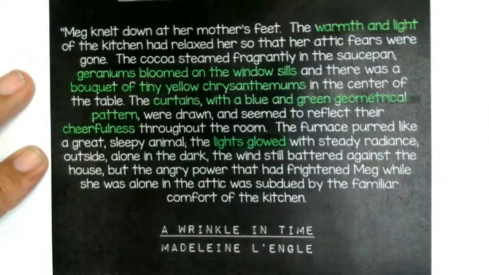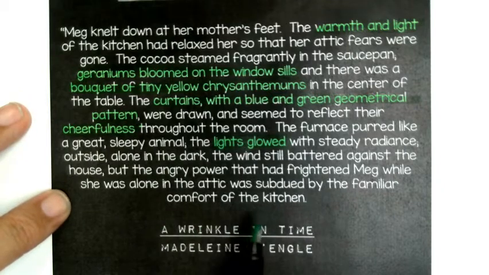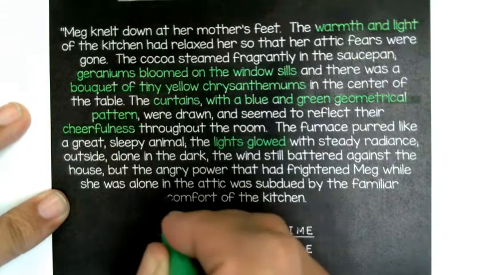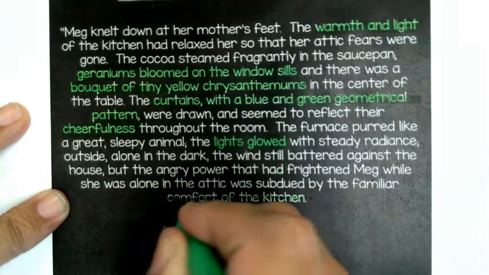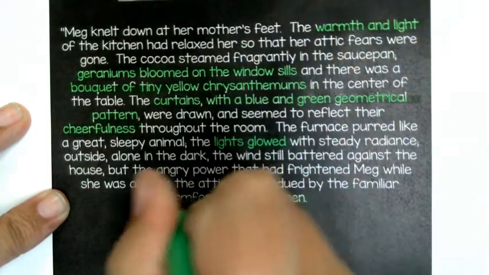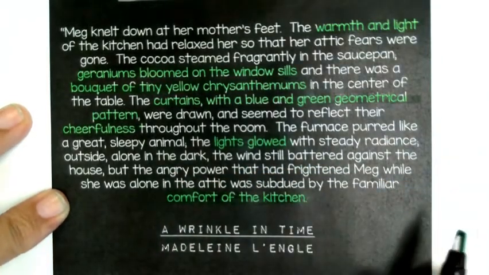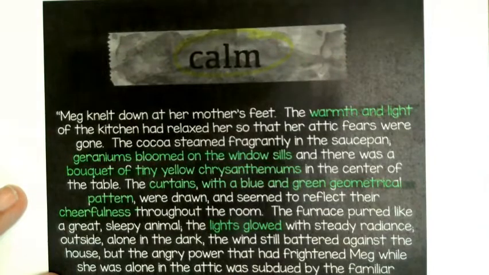So we have this nice yellowy glow. Let's see. And we have the kitchen being comforting. Whoops, the pen is not working very well. Oh gosh, kids. There we go. Okay, so this all goes to this idea of calmness.